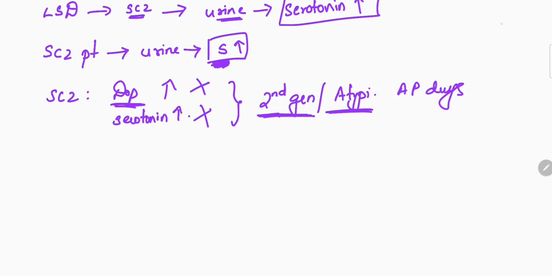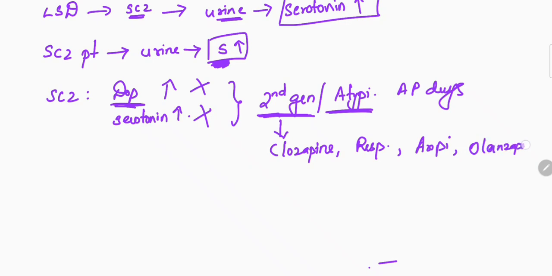Okay, so can you tell me some examples of second generation or atypical antipsychotic drugs? Yes, clozapine, then risperidone, aripiprazole, and olanzapine. Very clear, no?